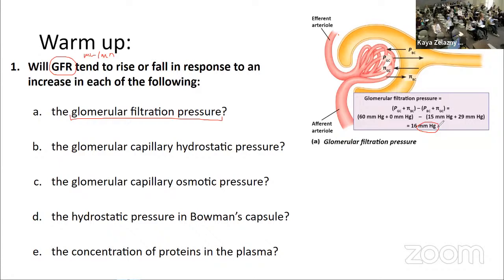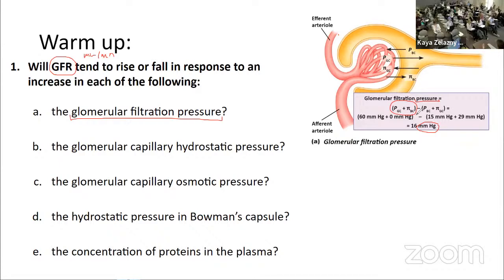Okay. Reason here is that if you have a higher pressure for filtration, what we're really talking about is a force for filtration, right? So by definition, if the glomerular filtration pressure is higher, you're saying that you have more forces causing filtration, driving filtration, which means that the rate of filtration also goes up.